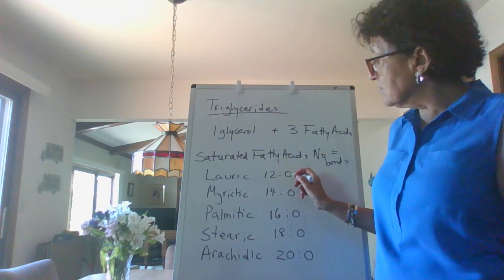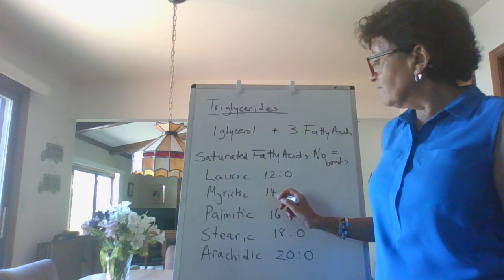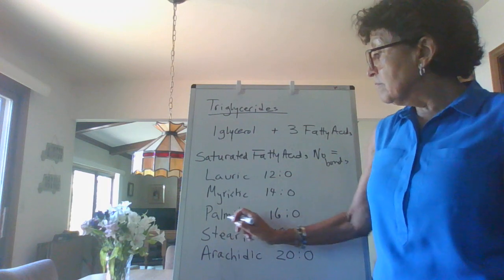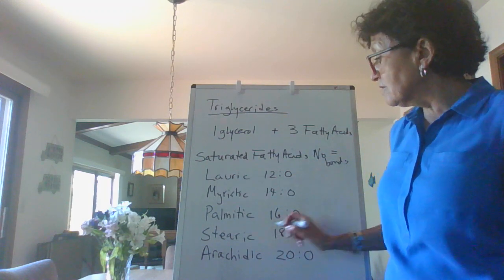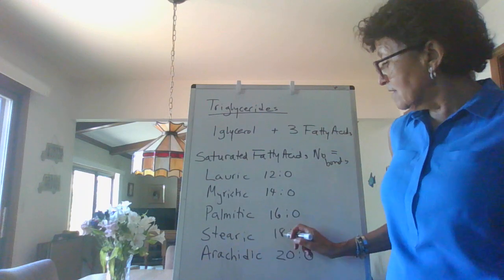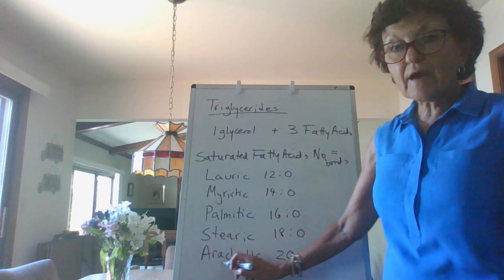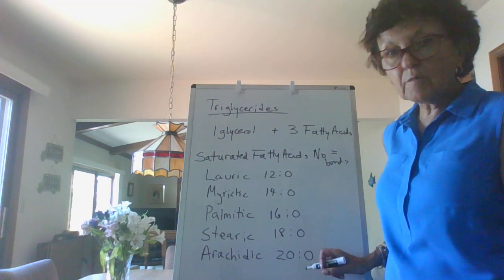This colon 0 means no double bonds. Myristic acid has 14 carbons and no double bonds. Palmitic acid, 16 carbons, no double bonds. Stearic acid, 18 carbons, no double bonds. Arachidic acid, 20 carbons, no double bonds.